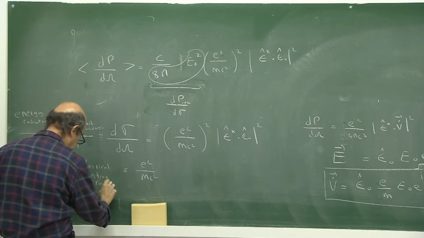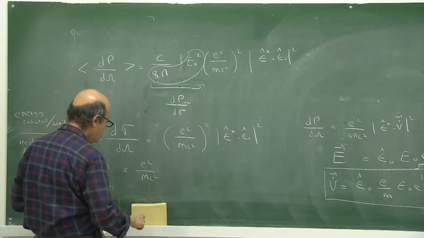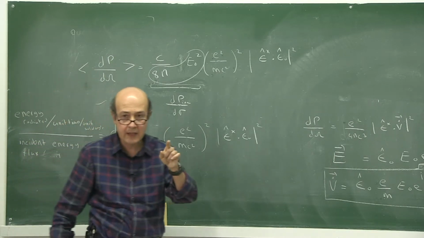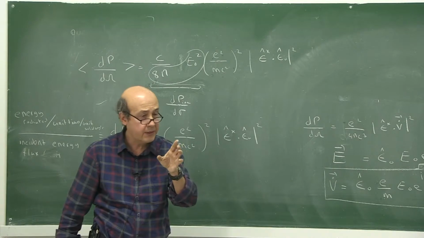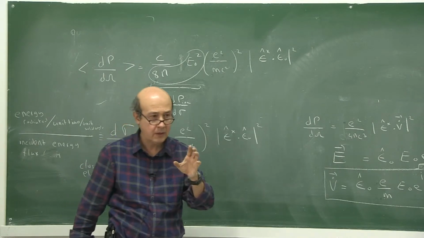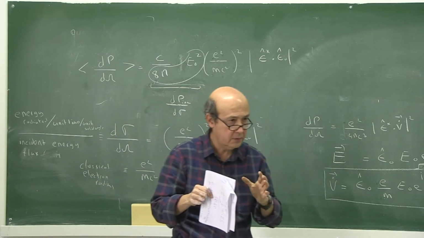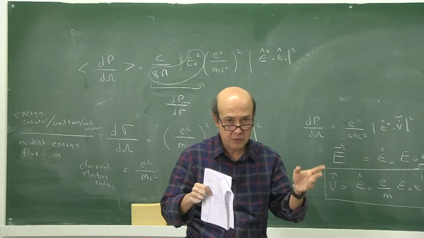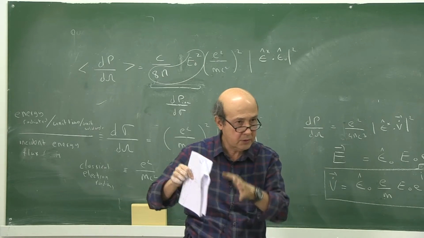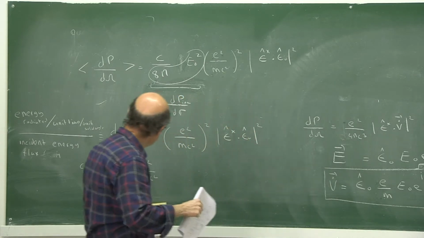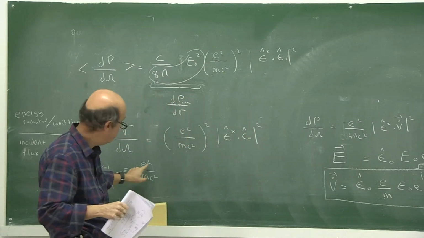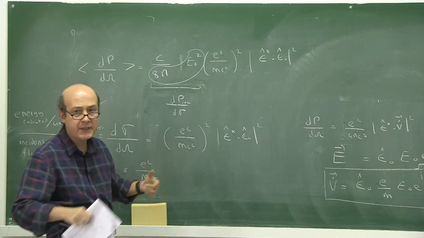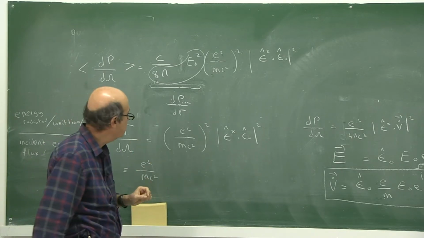Why do they call it the classical electron radius? Because if you equate the m c squared rest energy to the self energy of the electron, that is e squared over r. If you equate m c squared to e squared over r, and if you solve for r, that will be e squared over m c squared, and this is the scaling of the classical electron radius.